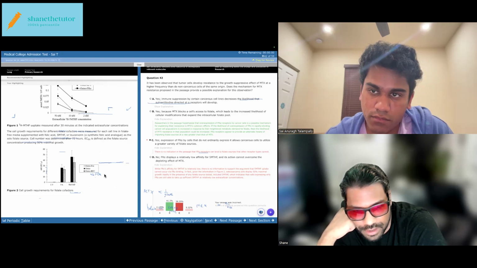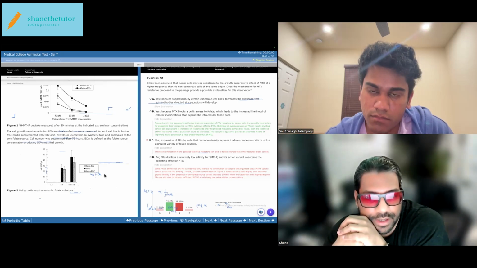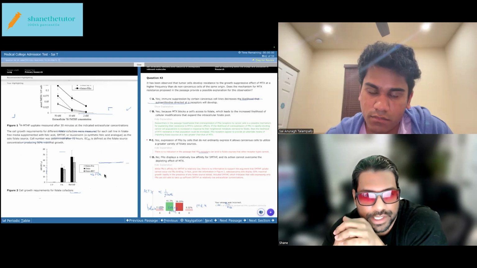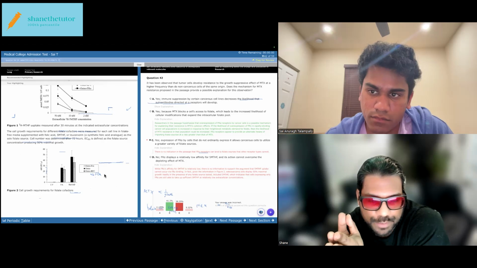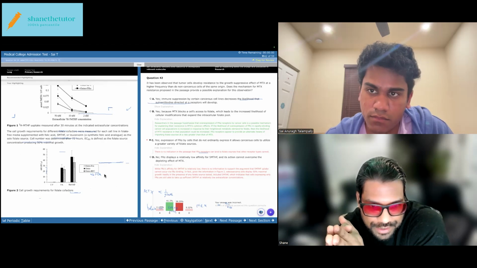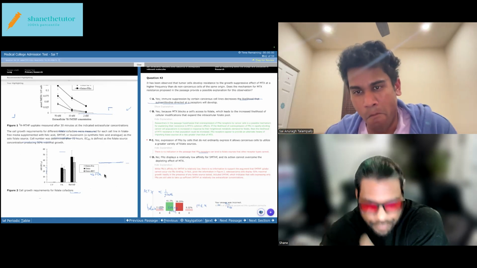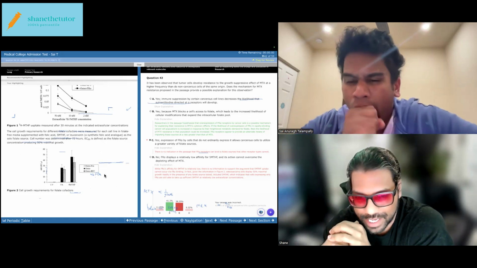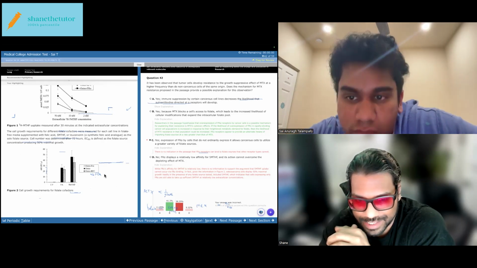The explanation makes sense, but it's hard to see how that is being said. We know that overexpression of FR alpha, the folate receptor, happens more so in the tumor cells, and that is what they're saying in the explanation. It's just the wording of MTX blocks the cell's access to folate, which leads to the increased likelihood of cellular modifications that expand the pool.